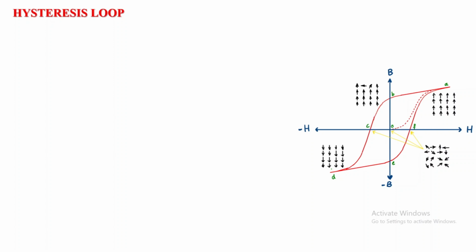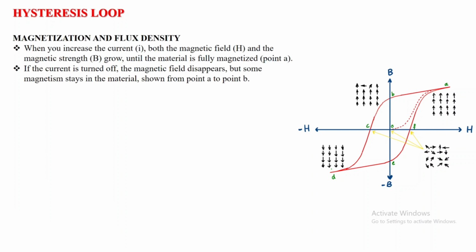Okay, so let's consider an electromagnet, and in that electromagnet we provide the current to that coil. In the alternating current, the current is changing in magnitude as well as in direction.